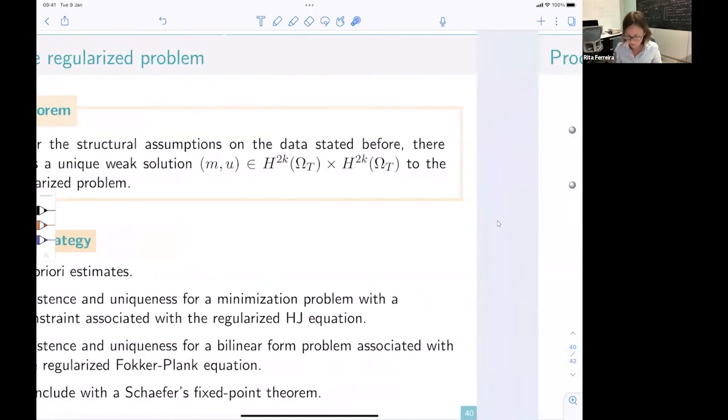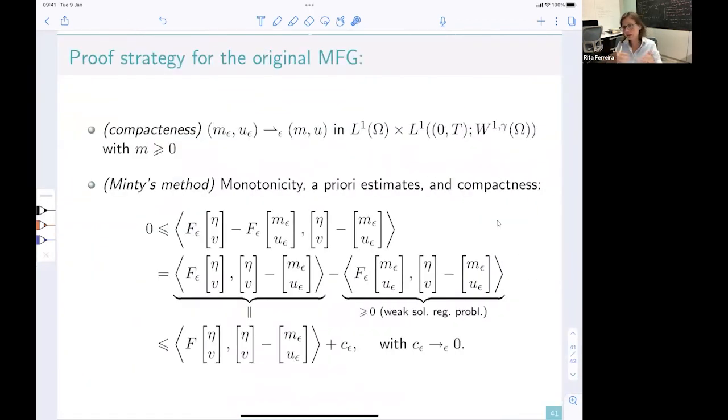And once we have that pair, then using all the assumptions that I was mentioning before, many of them being for these a priori estimates and also for compactness, we can prove that this unique solution given by the fixed point theorem is bounded with respect to epsilon in the appropriate sense.